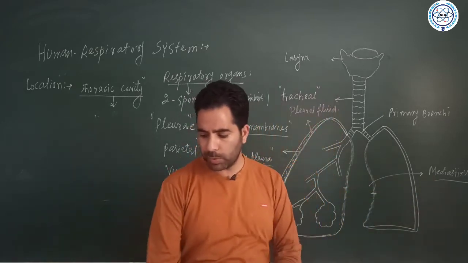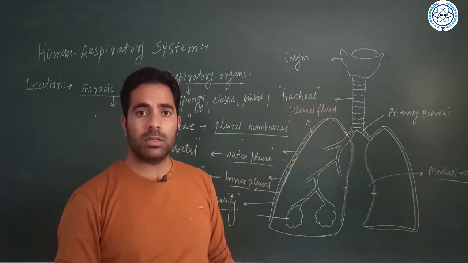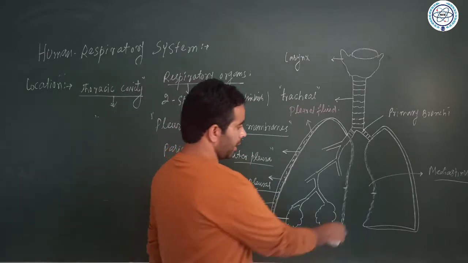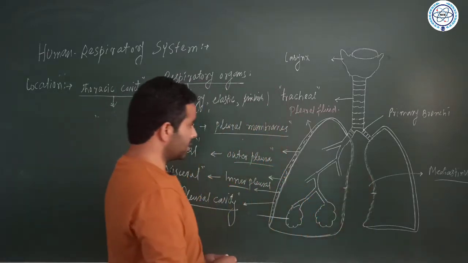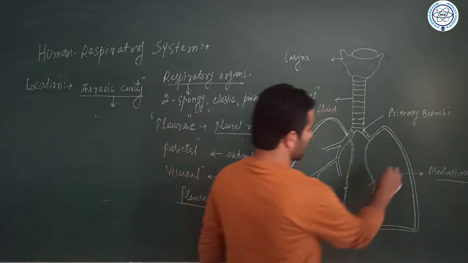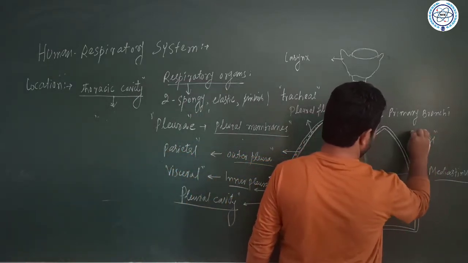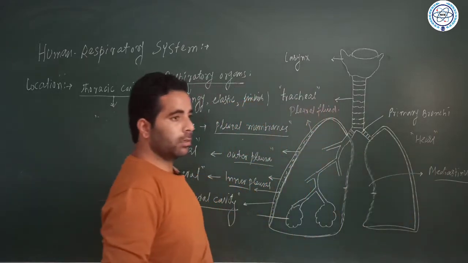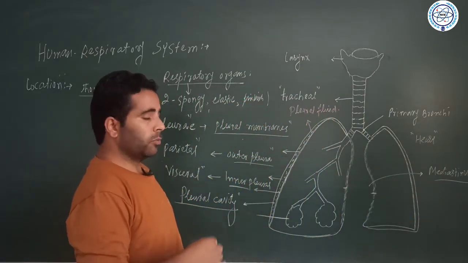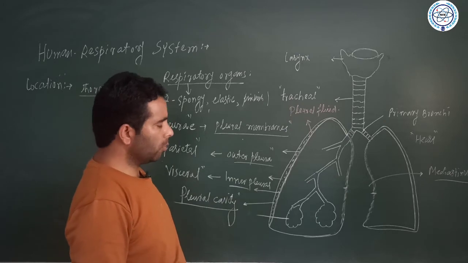This is a very important space because many structures are accommodated inside this mediastinum. For example, inside this mediastinum there is the heart, the very important pumping organ of the body, which we will explain in the upcoming video lecture.